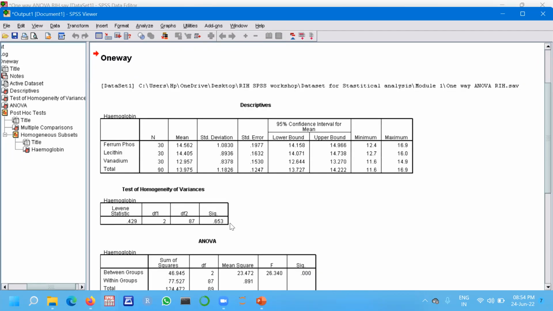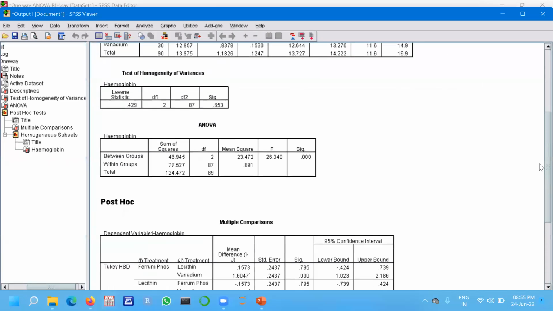Here the significance value is more than 0.05. Since homogeneity of variance is a test of assumption, it is satisfied when the p-value is more than 0.05. So homogeneity of variance is assumed here, and we can very well do one-way ANOVA.